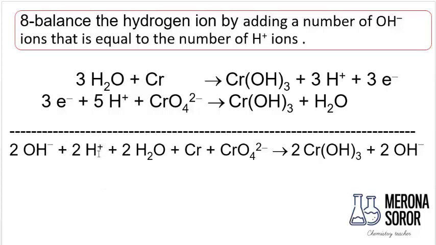In the net equation, we have only 2 hydrogen ions in the reactants, so we put 2 hydroxide ions in the reactants and 2 hydroxide ions in the product to balance this equation in the basic medium.